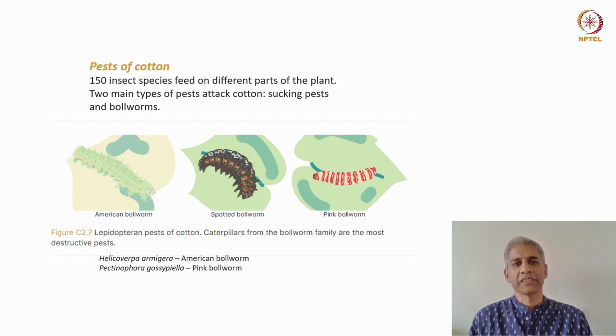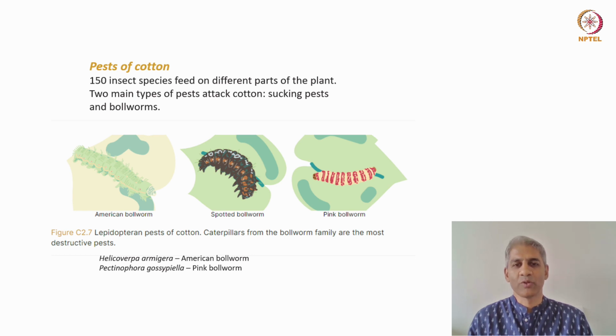Another aspect which is important to know is what are the pests of cotton. So cotton can be attacked by a wide variety of pests, but there are two main types, sucking pests and bollworms. And within that, bollworms are lepidopterans, and in the caterpillar stage, they burrow into the cotton boll, and then later on they will emerge as moths from there.